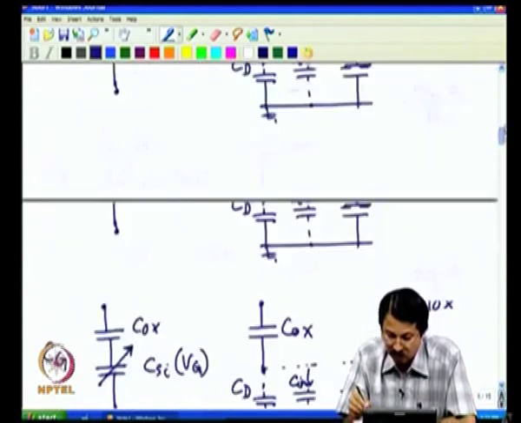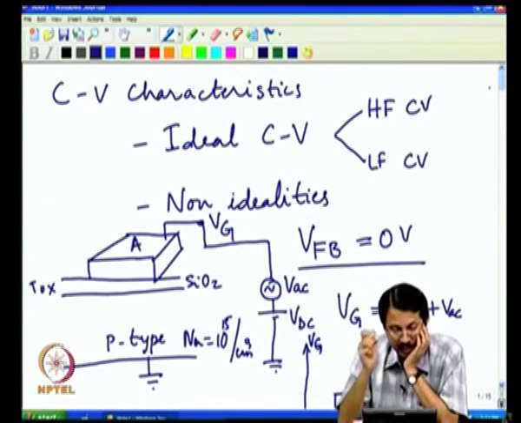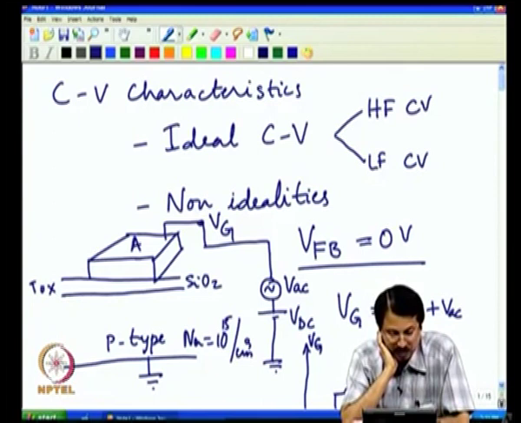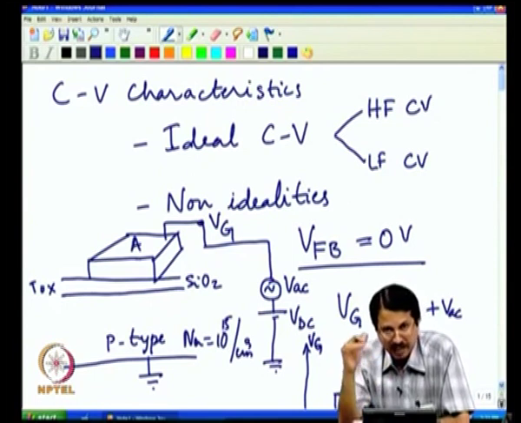Okay. So let us then summarize it for the day. We looked at the MOS capacitor, an ideal MOS capacitor. All it meant was, I consider a capacitor which has a fictitious metal electrode with the same work function as my substrate work function, and the oxide had no charges, and hence VFB is 0. So, under that condition we looked at the high frequency response and the low frequency response.